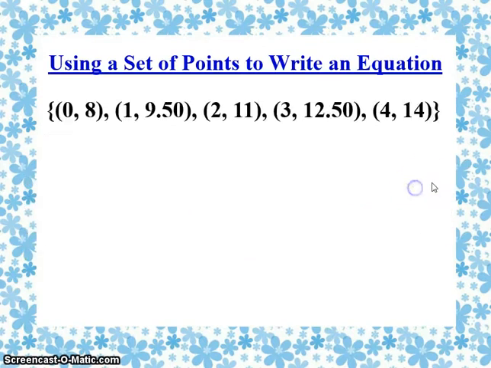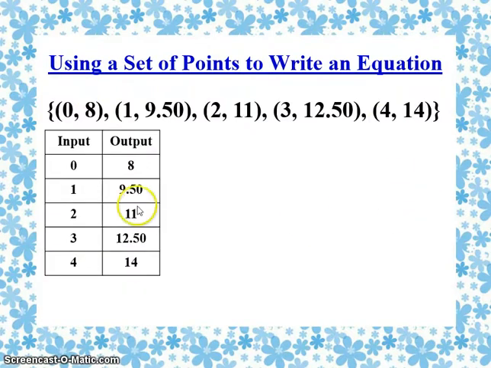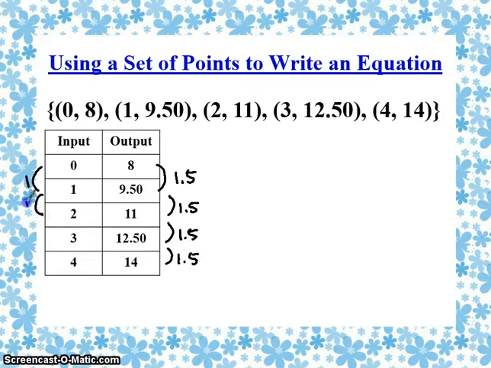This can be done for any set of ordered pairs. Here's another set of ordered pairs. Just take the ordered pairs, rewrite them as a table because it allows you to see how the inputs and outputs change a little more easily. Here we can see that the outputs are changing by 1.5 every time, and every time our inputs increase by 1.